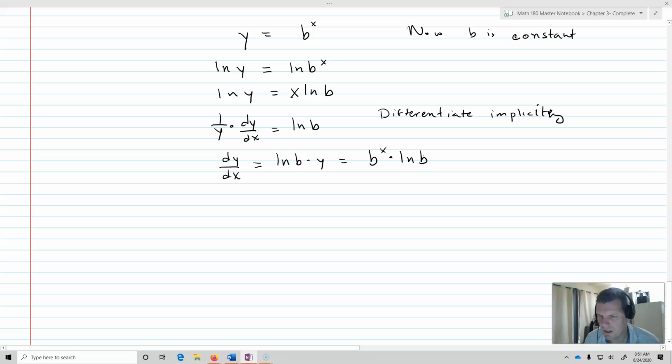Notice the difference between this particular one and the power rule is which value is the constant. In the case of the derivative of the exponential, the base is constant and the exponent is variable.